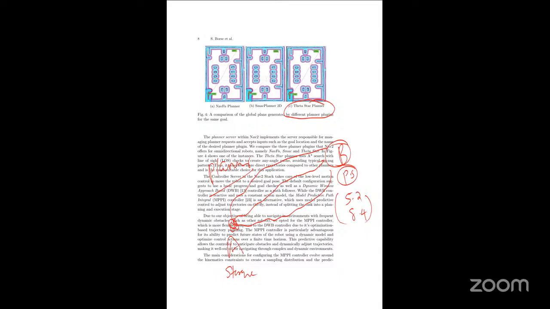So the planner will give the path only. The duty of the controller is to move the robot through that particular path. In this image, the planner will give you the path, but the controller will give the wheel speed so that the robot will move.